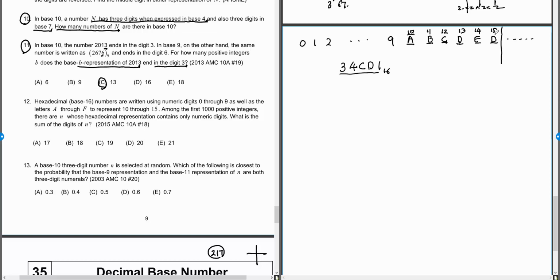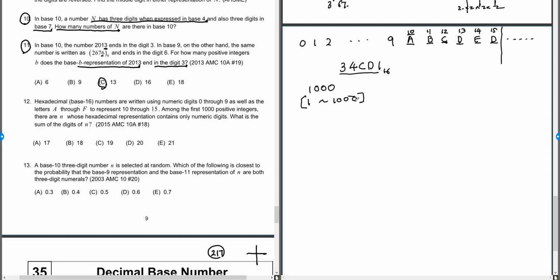All right. Among the first 1,000 positive integers, there are n whose hexadecimal representation contains only numeric digits. So we're going to use 1,000, the first 1,000, from 1 to 1,000. We have 1,000 numbers out there.